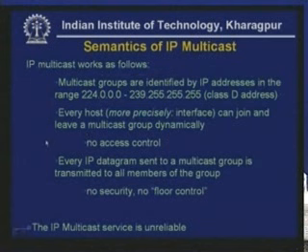At present, the way it is done, there is no access control. So if a multicast group requires access control, then this has to be implemented in the application layer. As the protocol stands today, this has not been included.